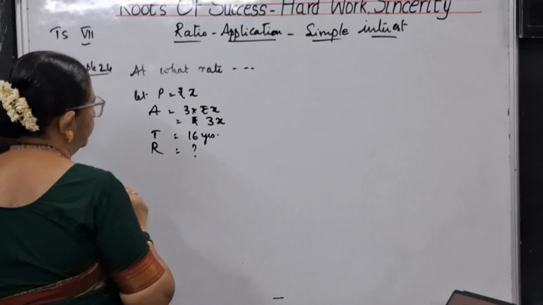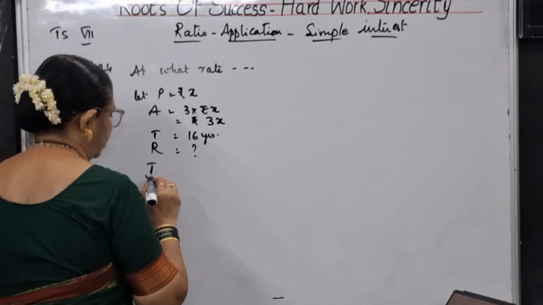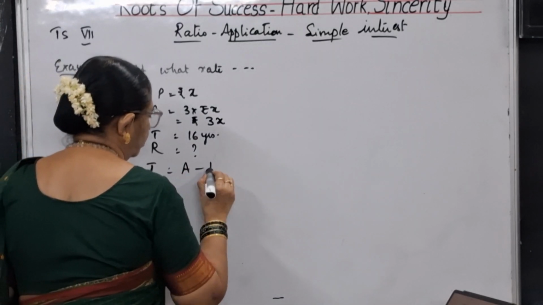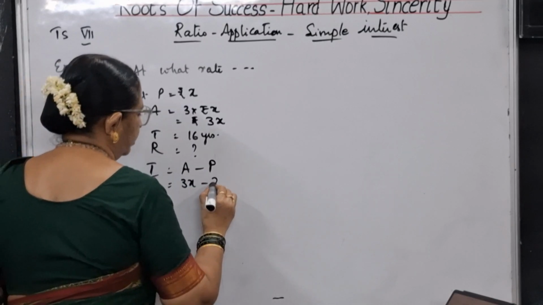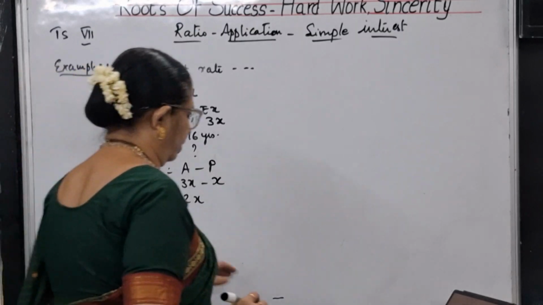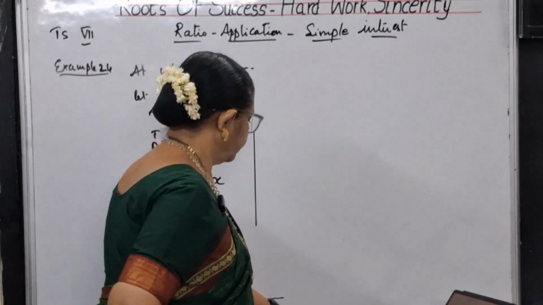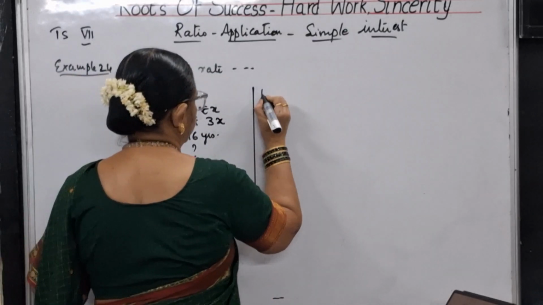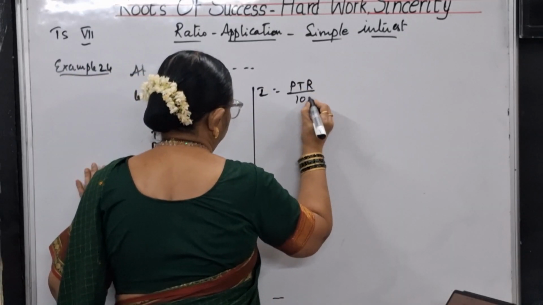So again, we want interest. I is equal to amount minus principal. Amount is 3x minus principal x, that is 2x rupees is the interest. Now I is equal to PTR by 100.